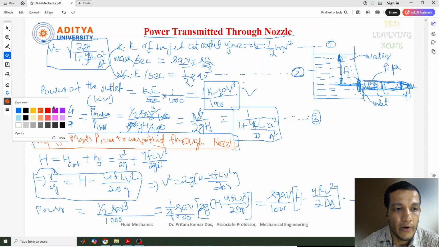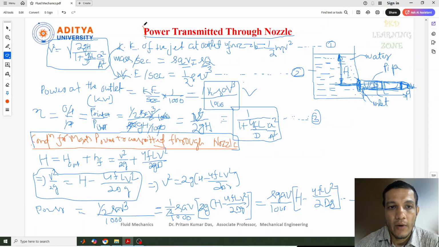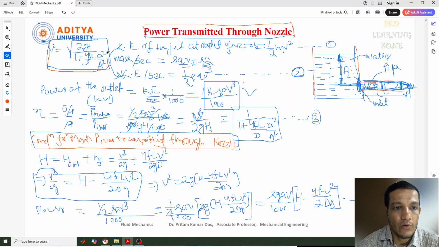You can see what points we have discussed. To identify the power transmitted through the nozzle, first I gave a brief idea of what we discussed in our previous video lecture, where we got the equation V square equal to root over 2gh by 1 plus 4FL A square by A square by D. From that we found the kinetic energy, half mv square, m equal to rho AV, so kinetic energy per second is half into rho AV cube, which is the power at the outlet condition.